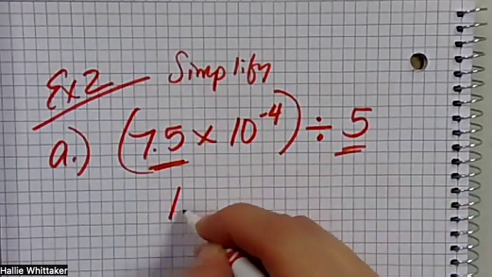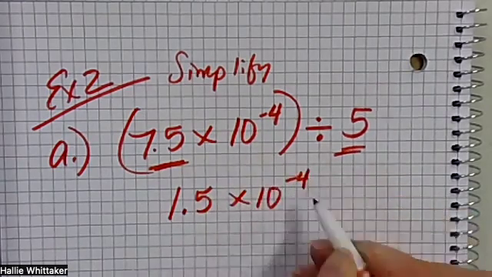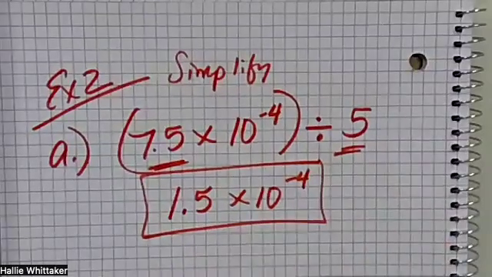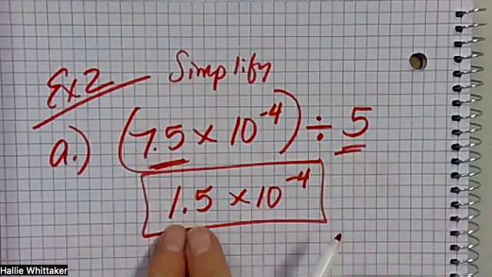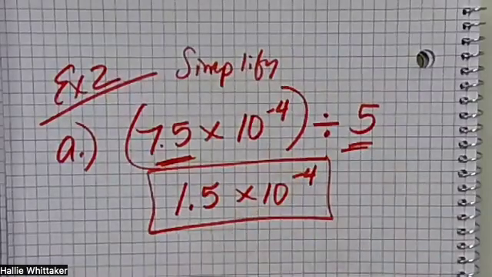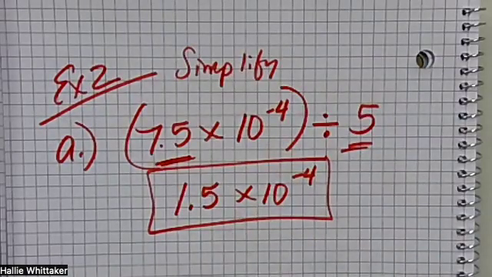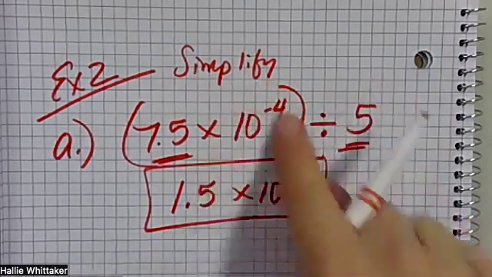It gives you 1.5. Then bring down your times 10 to the negative 4. You may get some as easy as that. Understand that one? It's divide 7.5 by 5. Gives you 1.5, then bring down your 10 to the negative 4. And just forget about the negative. Yeah, this is in scientific notation, so you can stop. You didn't have to do anything with the exponent there.